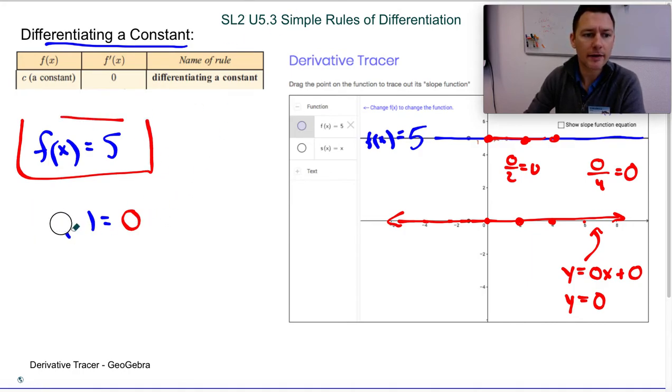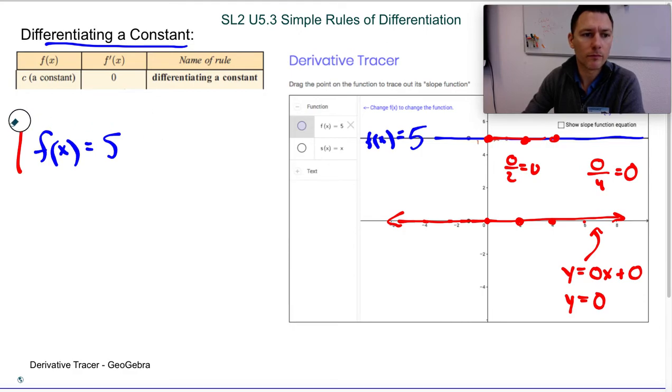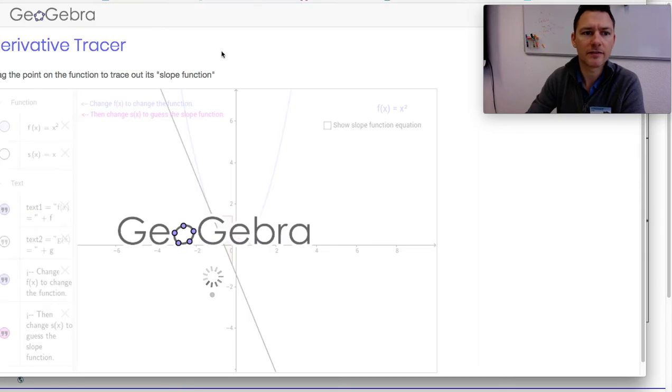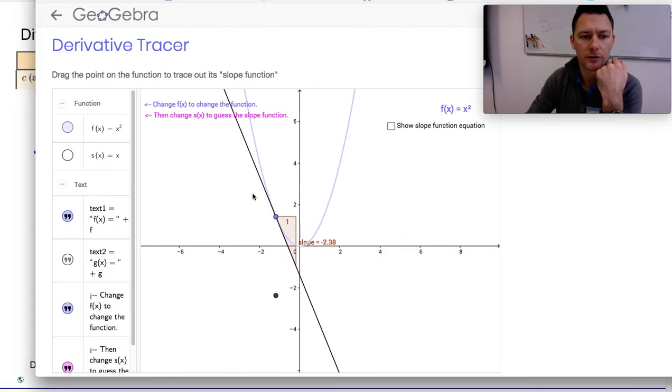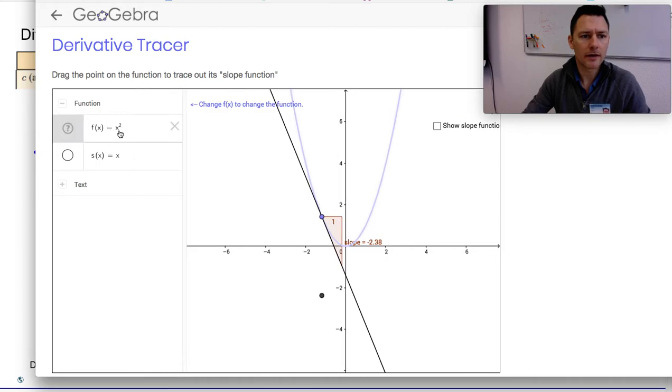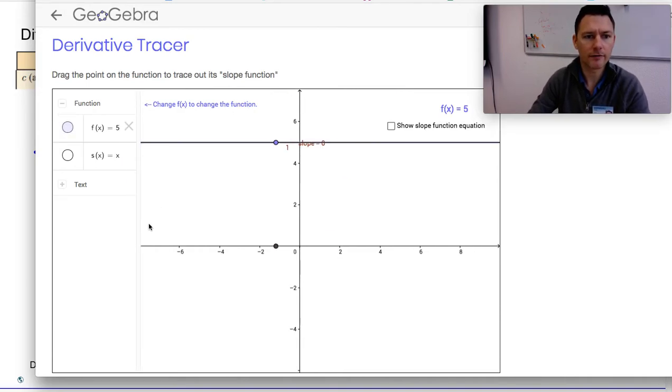Same thing if we had, say, f of x equals -3, right? Well, here, let's use this derivative tracer. We're going to use this next time I see you, so let's try it out here. This helps us just find derivatives. Let's turn this off because that's annoying. We're going to put in different functions next time I see you and mess with them, but let's look at y equals 5. Right, so there's the slope, and if we move this back and forth, we can see the different points that you get.